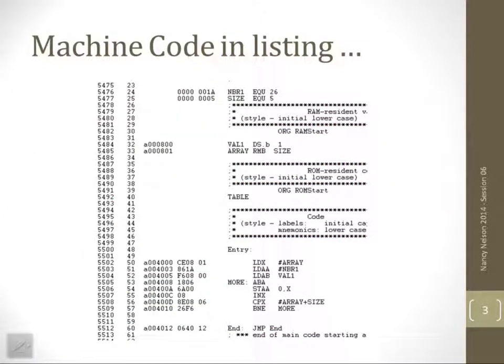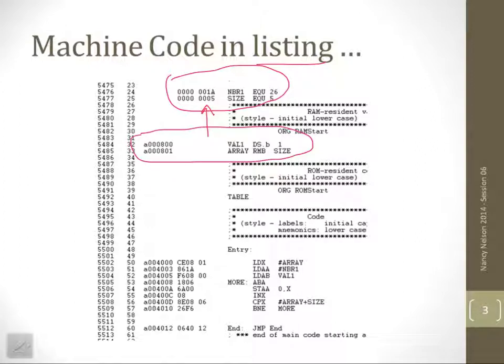So here we can see the output of the list file. We can see our constants defined up here. So there are the hexadecimal values that 26 and 5 represent. Here we can see our variables. They're declared in RAM, so remember RAM is where we can read and write from, and they're at addresses 800 for the first one and 801 for the second one.